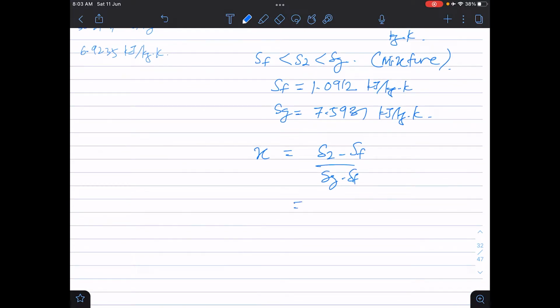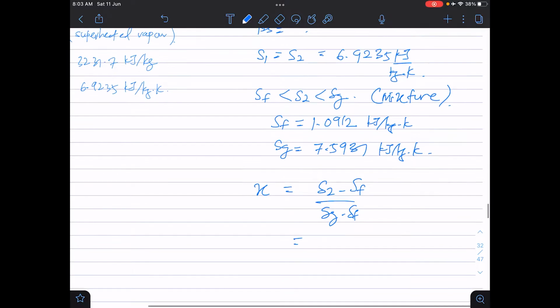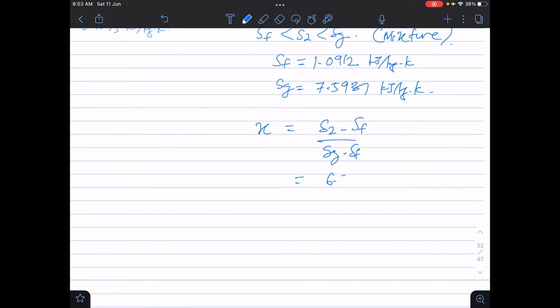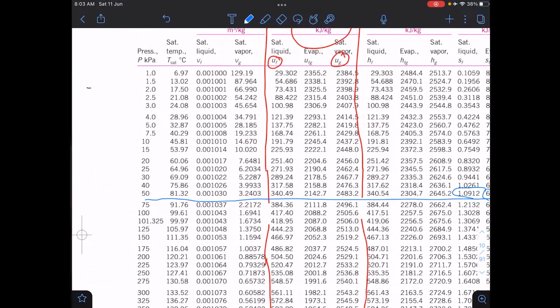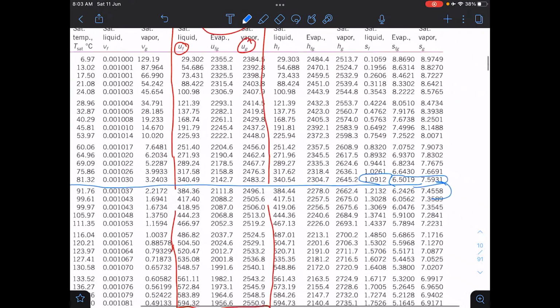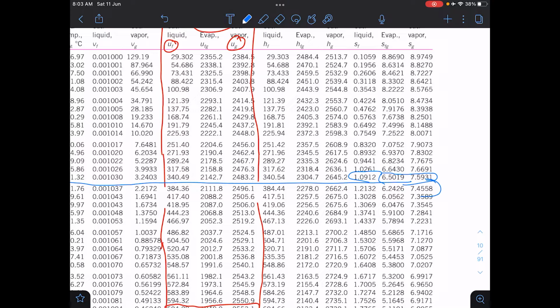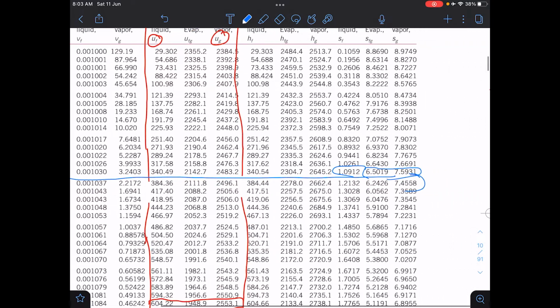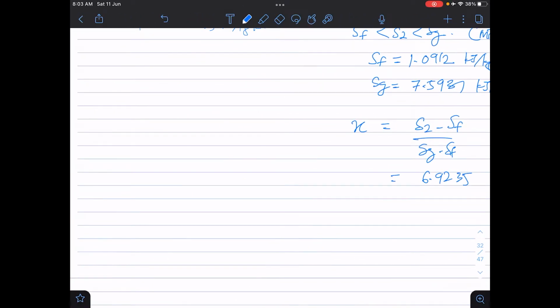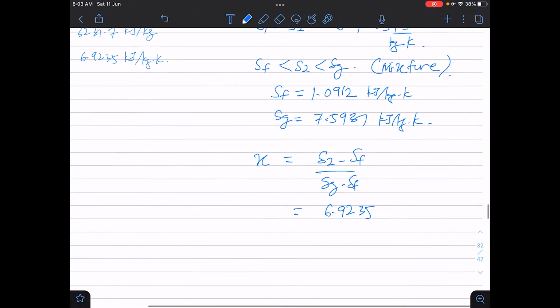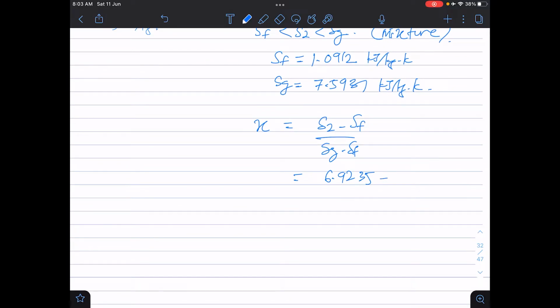So that is 6.9235 minus 1.0912 over 7.5931 minus 1.0912.